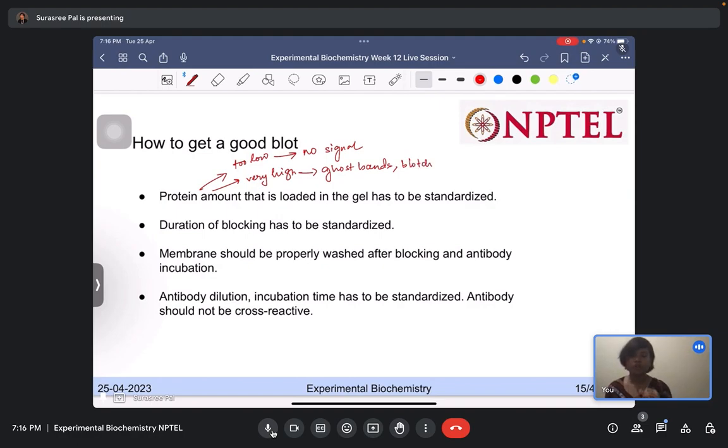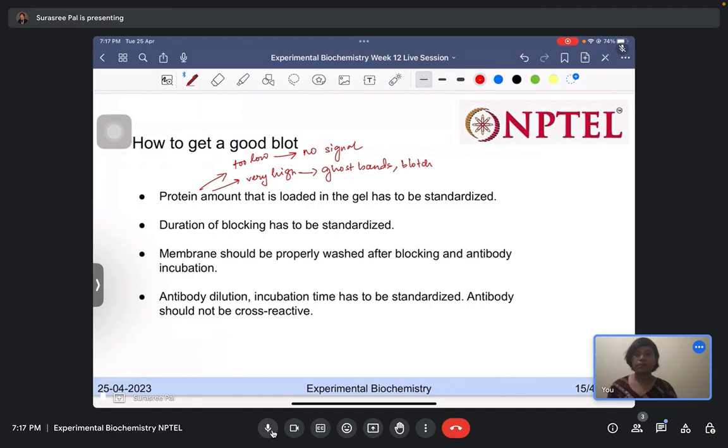If the amount of protein on the gel is very high, a lot of antibodies will bind to this protein band, and it will give a blotchy signal, right? So that signal will not be crisp, the band will not be crisp.